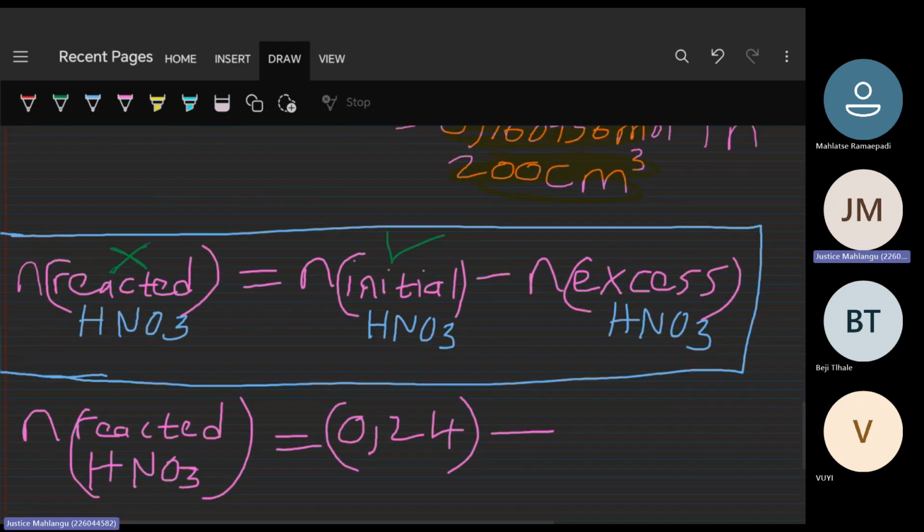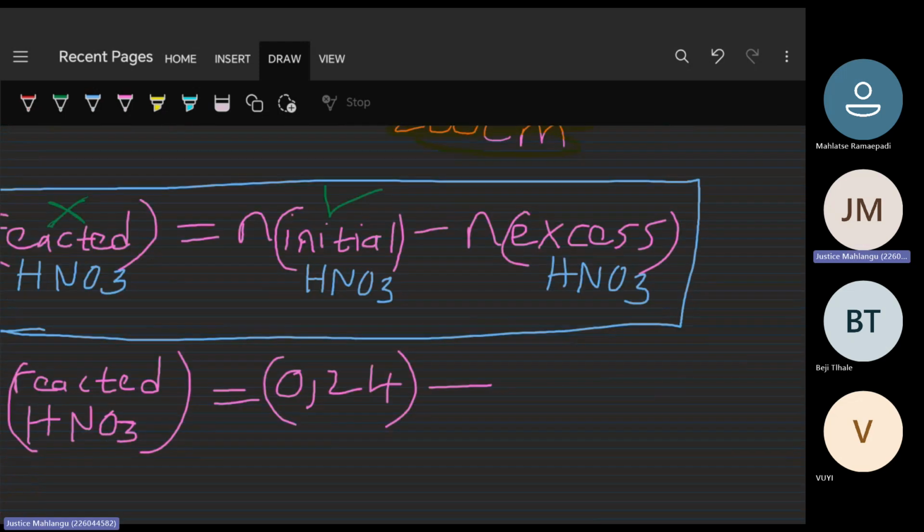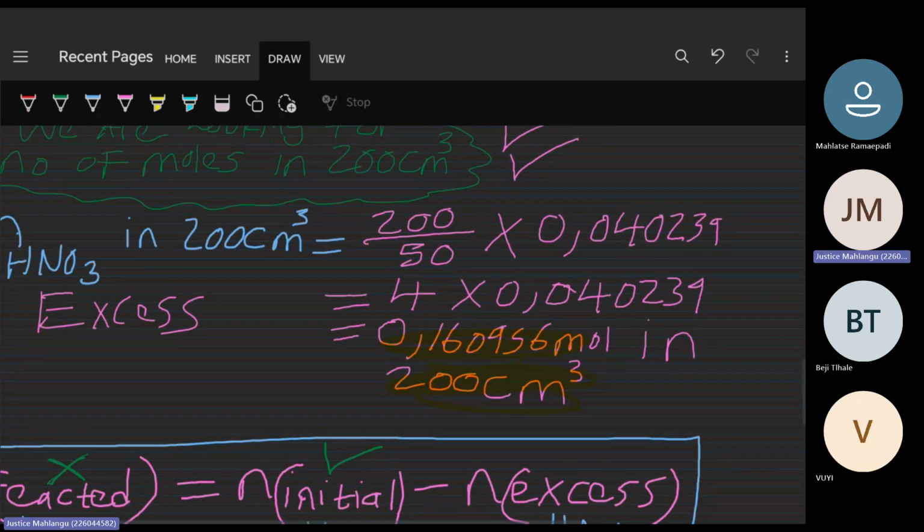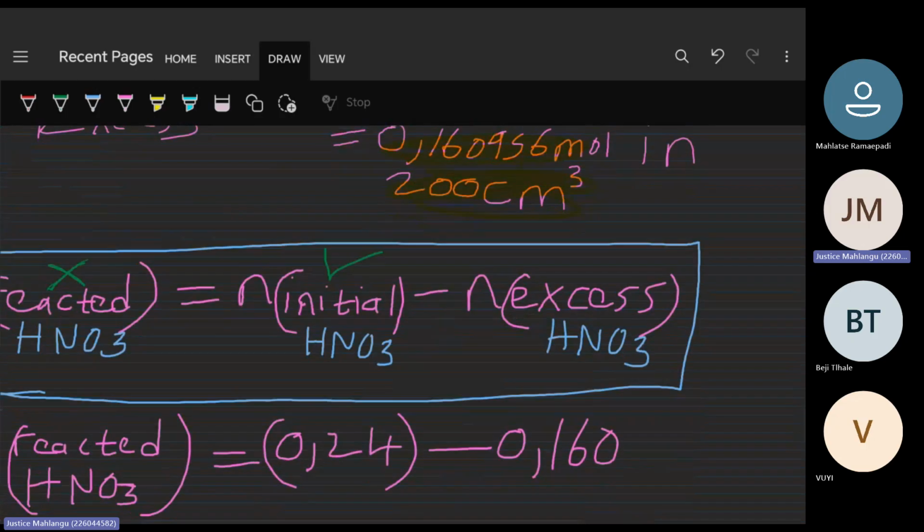What are those? It's 0.160956. Please round off to decimal places. From here we get those number of moles.